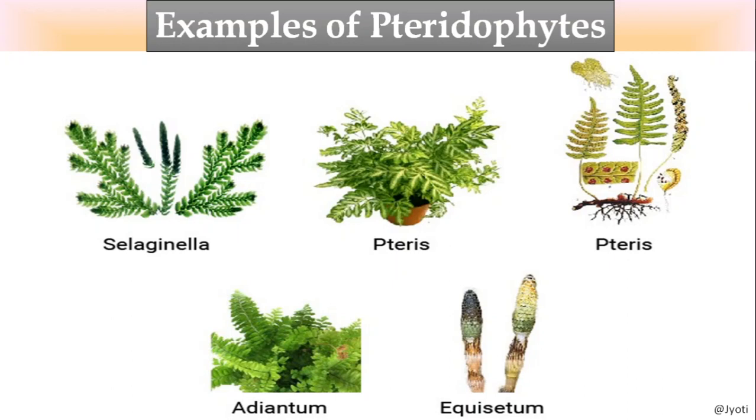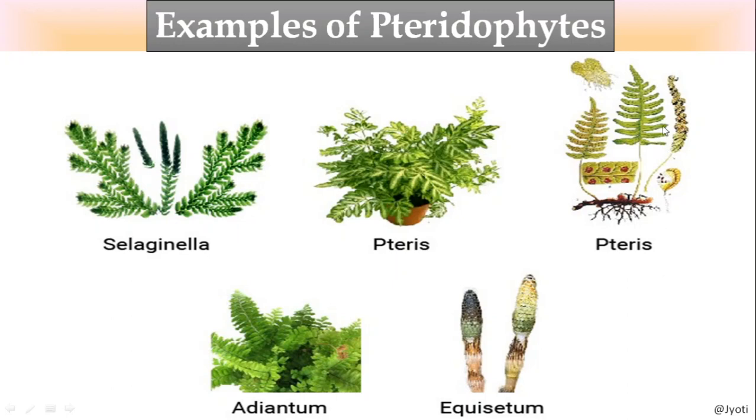In Selaginella, the first example, the leaves are small and that is called microphyll. But when you come to Pteris, the second one, the leaves are larger in size and that is called macrophyll. The third diagram is also of Pteris, and here you can see how big the leaf is. This complete structure is a single leaf.